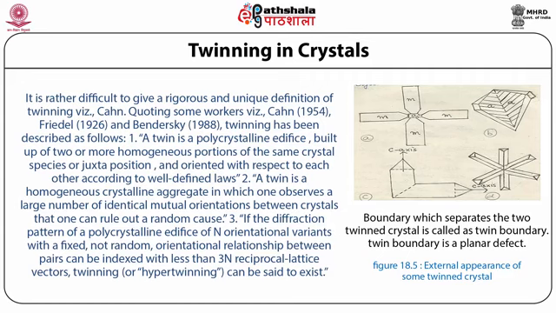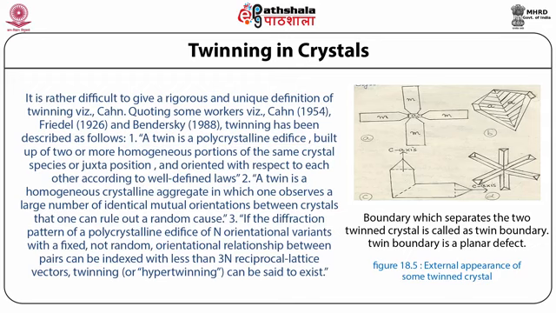A twin is a polycrystalline edifice built up of two or more homogeneous portions of the same crystal species in juxtaposition and oriented with respect to each other according to well-defined laws. Number 2. A twin is a homogeneous crystalline aggregate in which one observes a large number of identical mutual orientations between crystals that one can rule out a random cause.